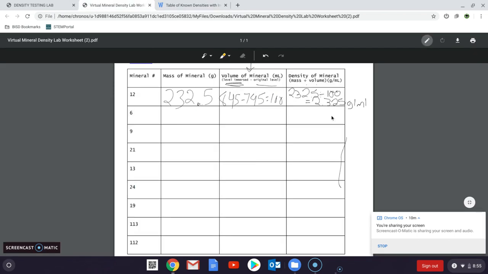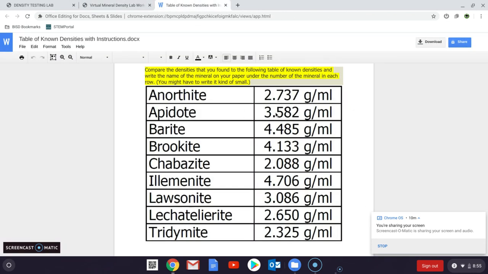So let's look on your paper, 2.325 grams per milliliter. Which one of these matches that? If you said tridymite down here, you are correct.